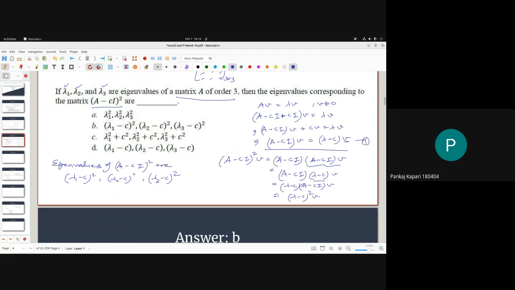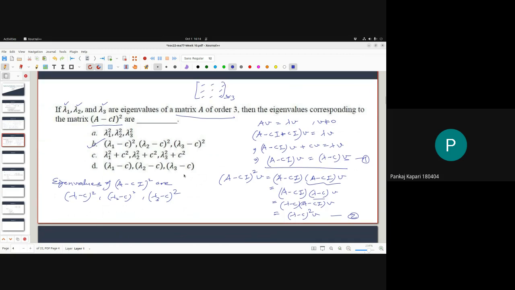This is because the second equation says that if lambda is an eigenvalue of A, then lambda minus C whole square must be an eigenvalue of A minus Ci whole square. So here the correct answer is B. These are the eigenvalues of A minus Ci whole square. Any questions?